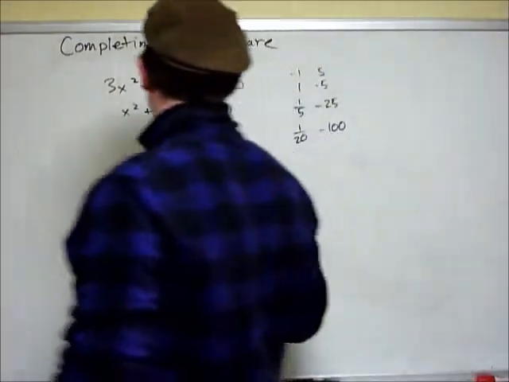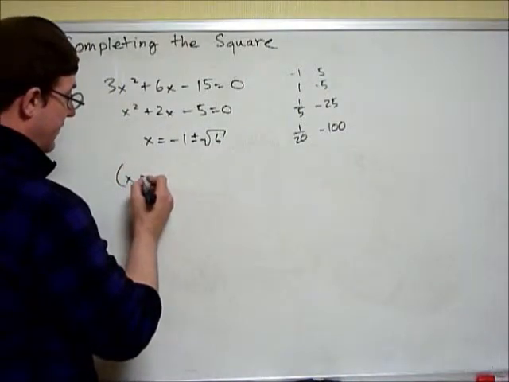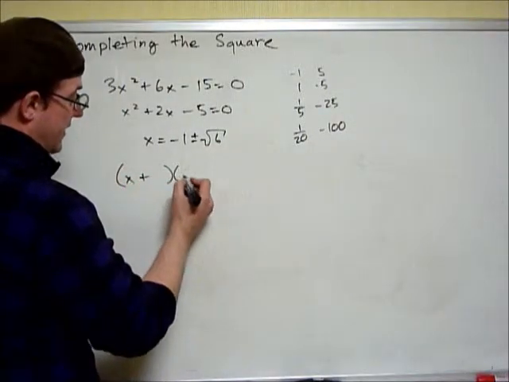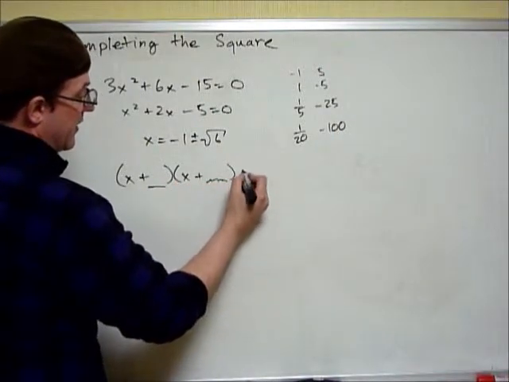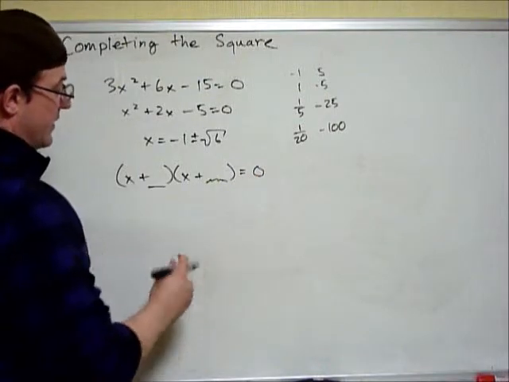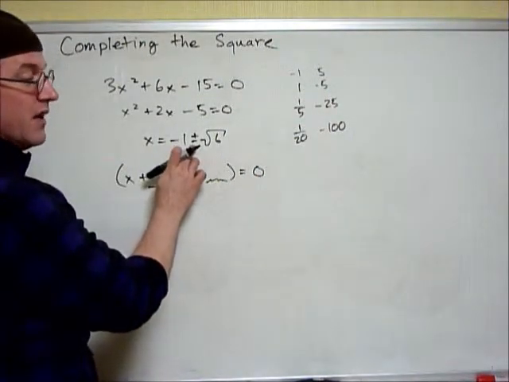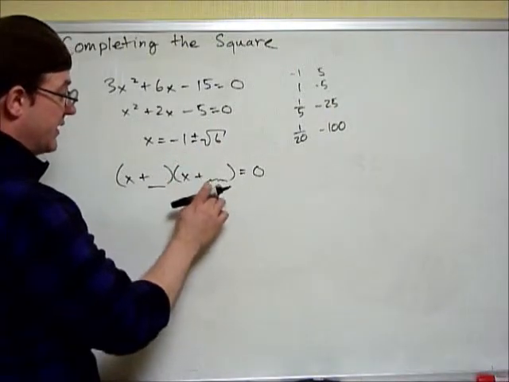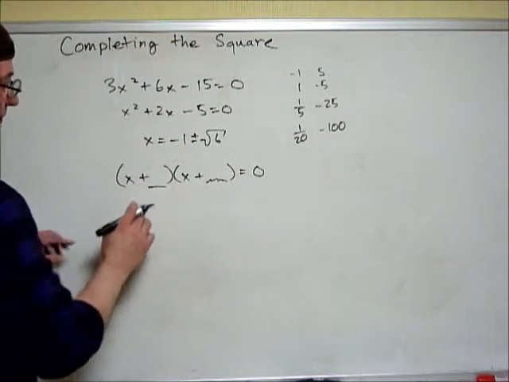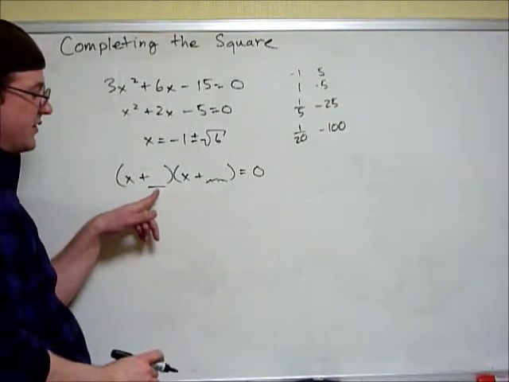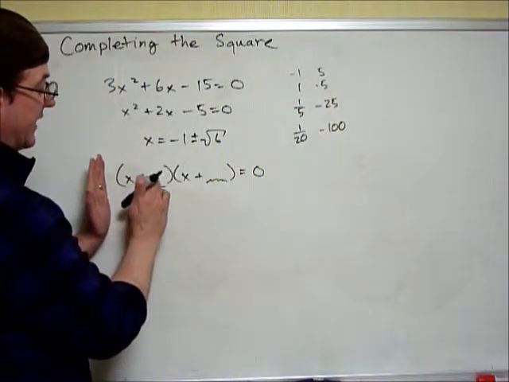In fact, remember when we're factoring, we get x plus something times x plus something else equals 0 to get our two answers, right? And we just happen to have two answers here. What happens if we plug those two answers into this? Let's find out. These are not our answers but the negative of our answers, because if this is 0, then x equals the negative of this, right?